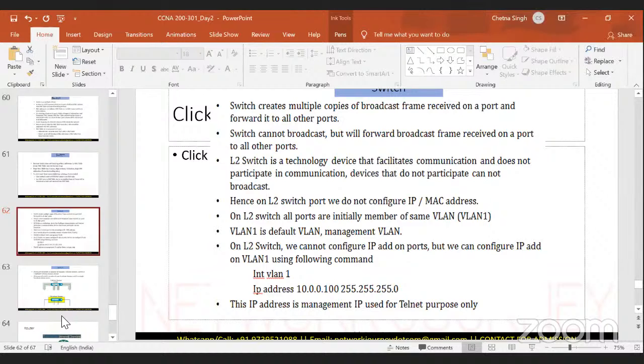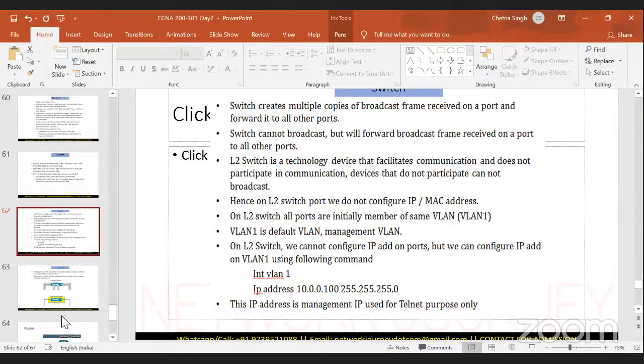Exactly. For the purpose where we have to manage the switch, or remotely access it, only for management purposes we have this VLAN concept, wherein on the VLAN we try to give an IP address, and that is only used for remote access. As such, we don't configure the IP the way we configure it in our systems.